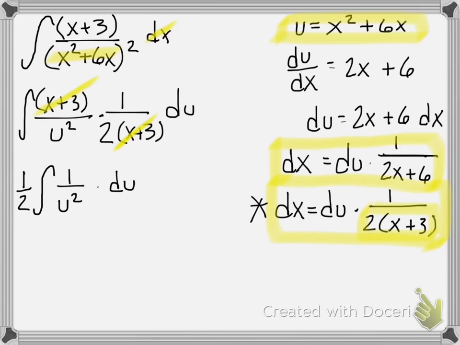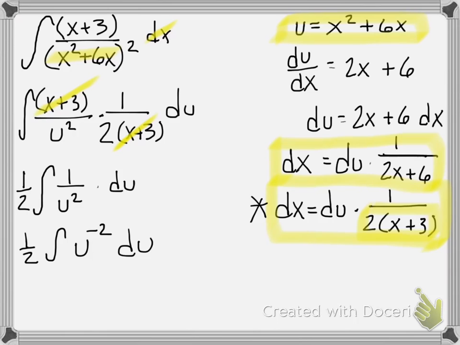And you have 1 over 2, the integral of u to the negative 2 du, because if you have, like, say, u squared in the denominator, that's the same thing as saying that's u to the negative 2 power. So you can get that.